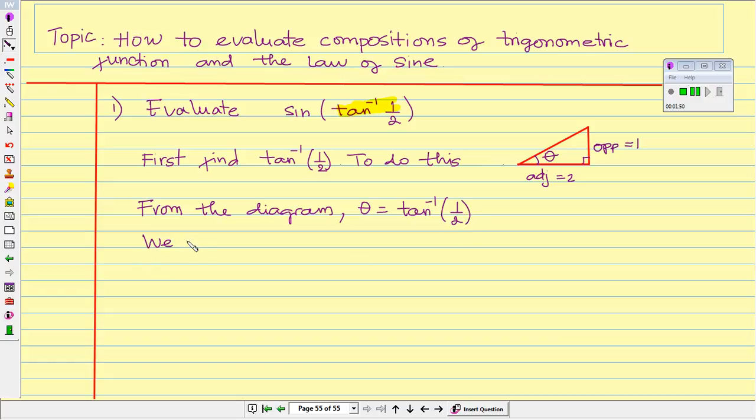Then we use the Pythagorean theorem to find the hypotenuse.